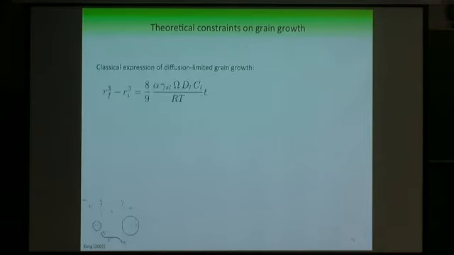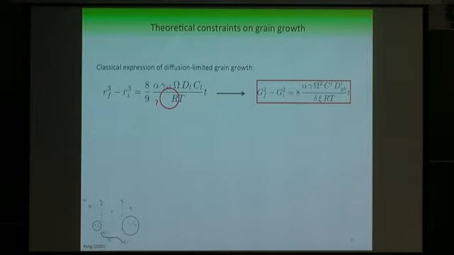So this is the classical expression of diffusion-limited grain growth. And so the grain size exponent here is 3. It takes into account the liquid diffusion, the concentration in the liquid, and the interfacial energy. But I found that there was something missing, right?